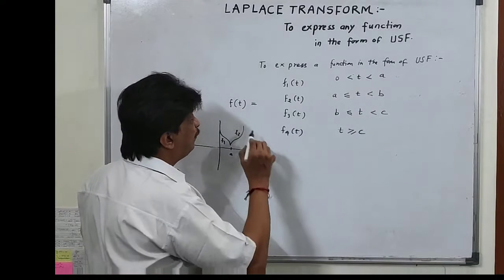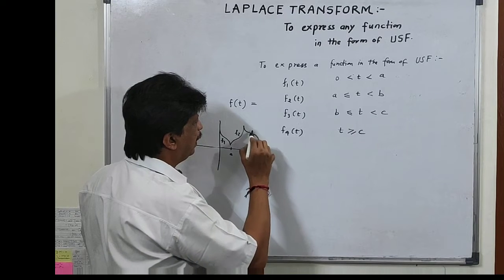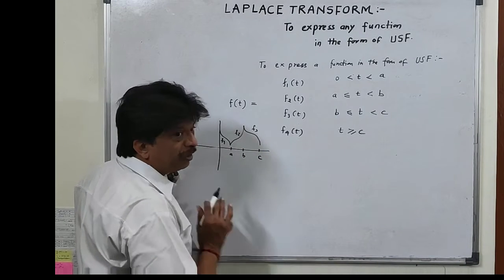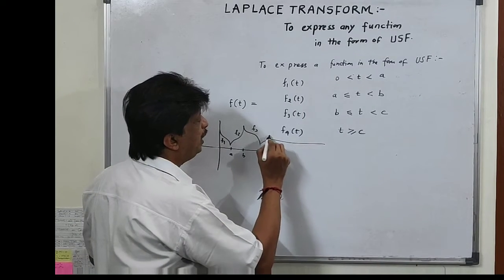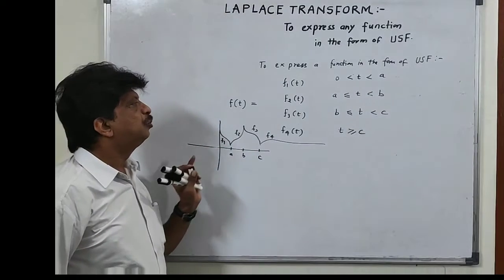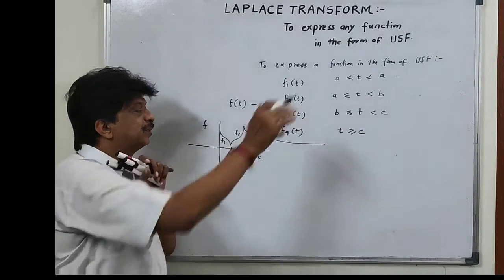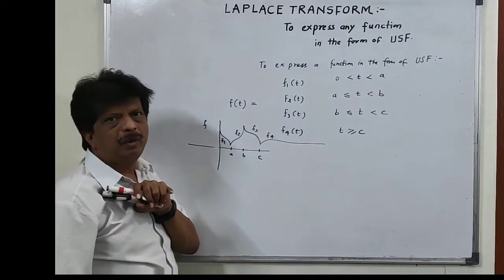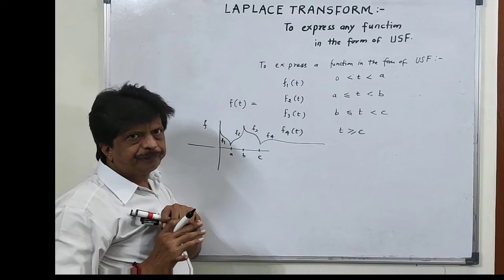From B to C it is F3. This is F3. And from C onwards it is F4. This F4 goes up to infinity. So our function f is like this: F1, F2, F3 and F4. So how to express this in the form of unit step function?